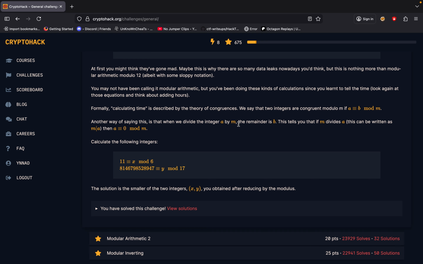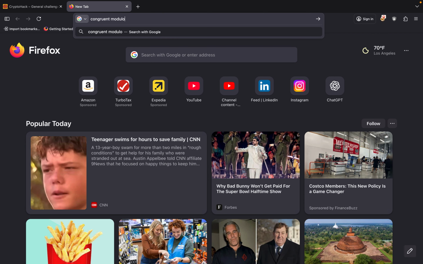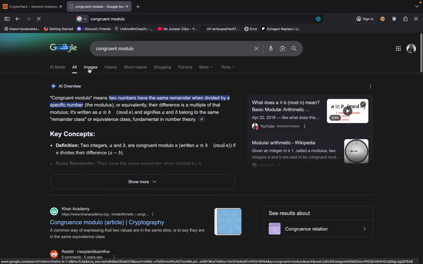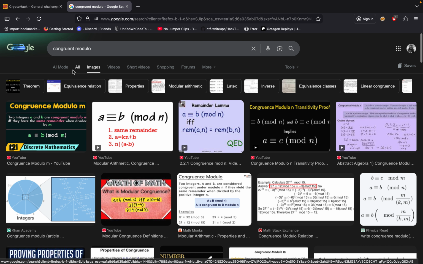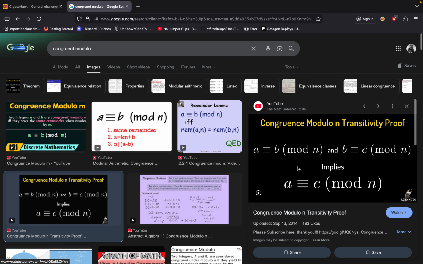So what do they mean by congruent modulo? I was having a tough time trying to understand what they mean, but if you just Google congruent modulo, you can look up an idea of what it means.